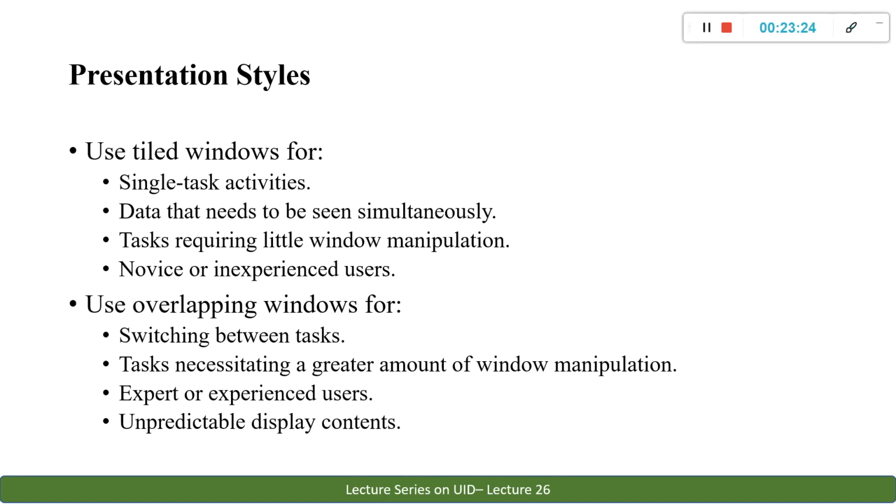If your customers are expert users, you can go for an overlapping window, which is quite good because it looks like 3D. It can create a mess. To avoid the mess, you can use cascading windows, which are an extension of overlapping windows, but show them in a well defined, simple, clean manner. So this is about the presentation styles.